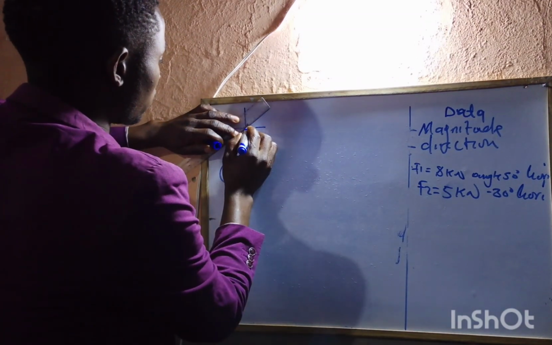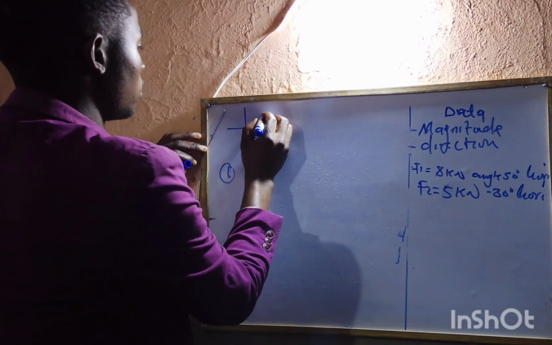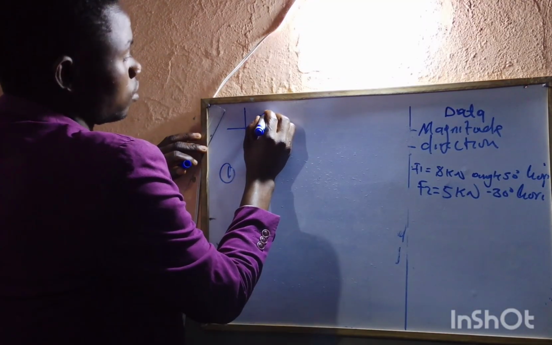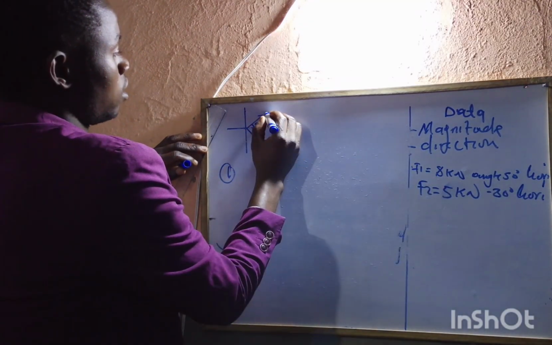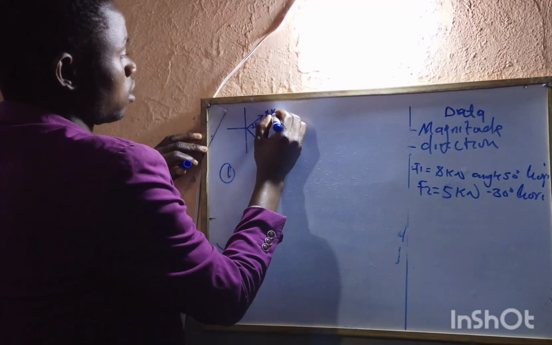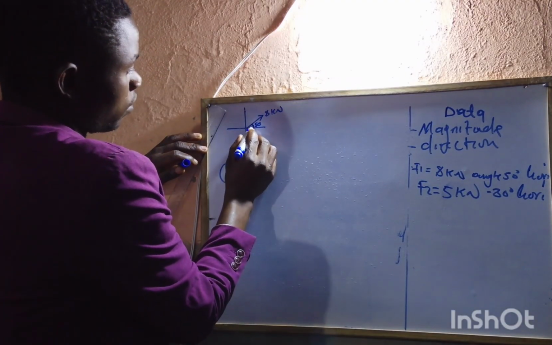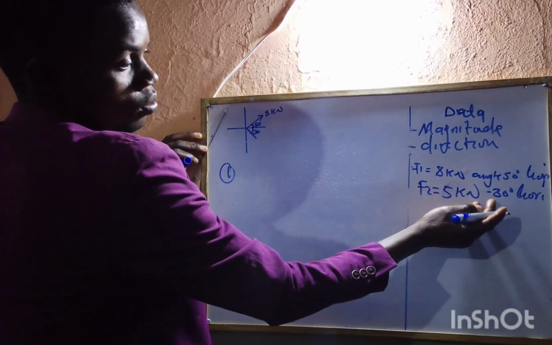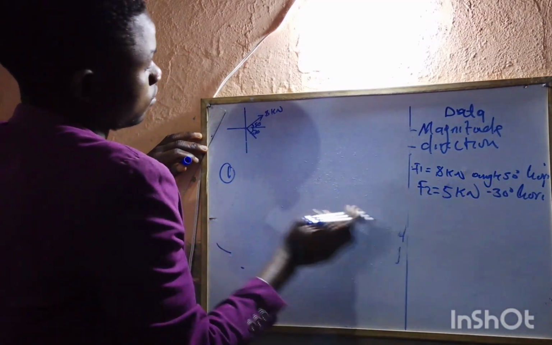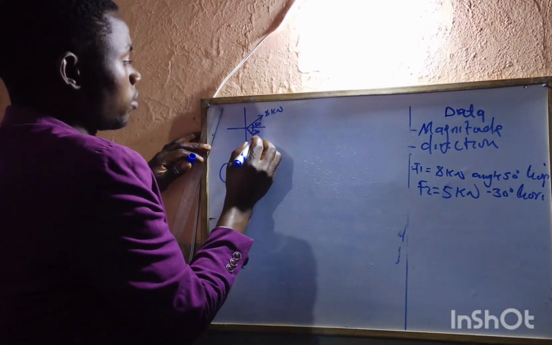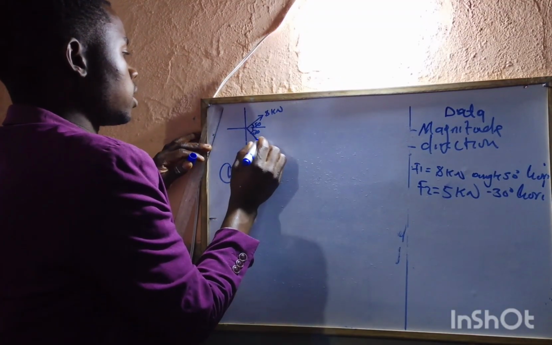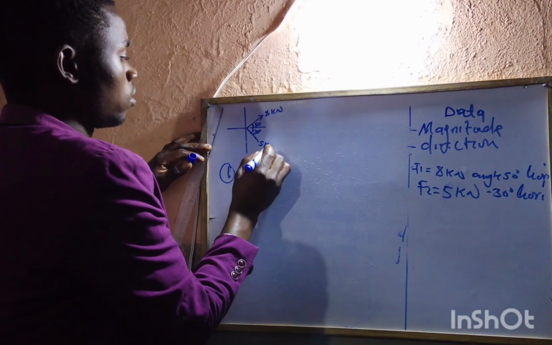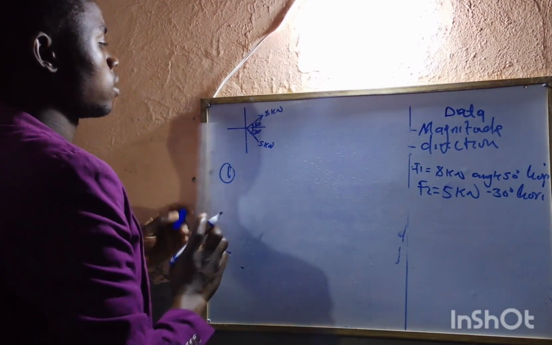So here we have an angle of 50 degrees, acting at 8 kilonewton, and we have 30 here. Don't get confused by the negative, just write 30 degrees, 5 kilonewton. Okay, so this is our space diagram.